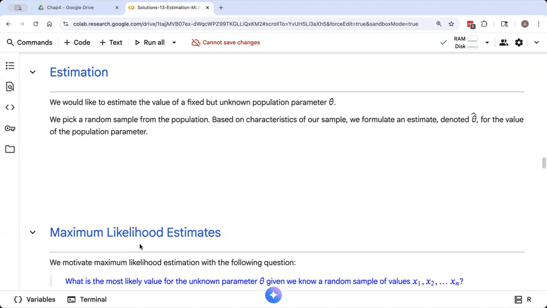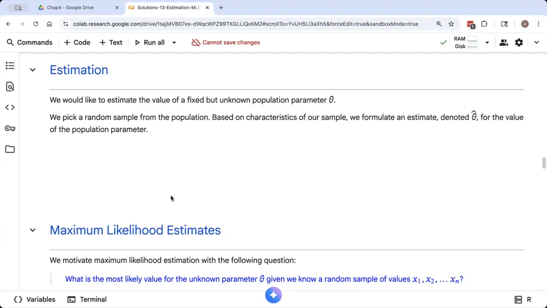If we want to estimate that value, what we can do in statistics is pick a random sample from that population, look at characteristics from our sample, and use that to formulate an estimate that we call theta hat for the value of the population parameter. There are different methods to come up with estimates for the population parameter. In this video, we're going to talk about how we find maximum likelihood estimates.